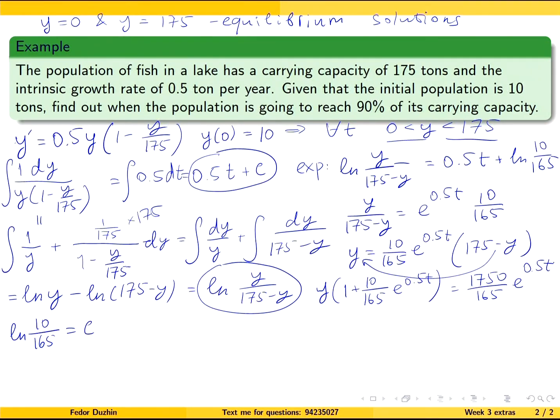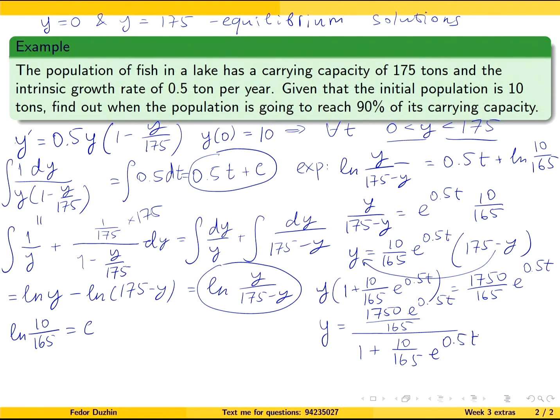Okay, great. So the final answer is 1750 e to the power 0.5t over 165, and everything divided by 1 plus 10 over 165 e to the power 0.5t.